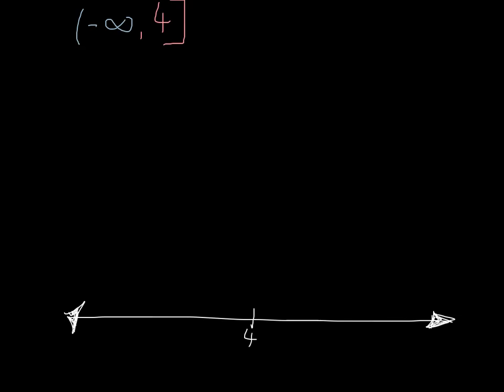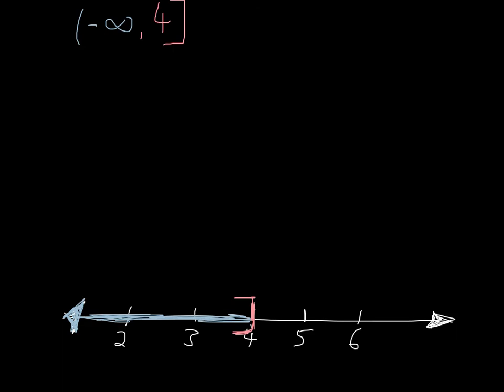So let's write 4, and negative infinity. Negative infinity, we're going to color that blue. We're going to go all the way up to 4. And we know we have a square bracket on 4. And that is all the information I have.